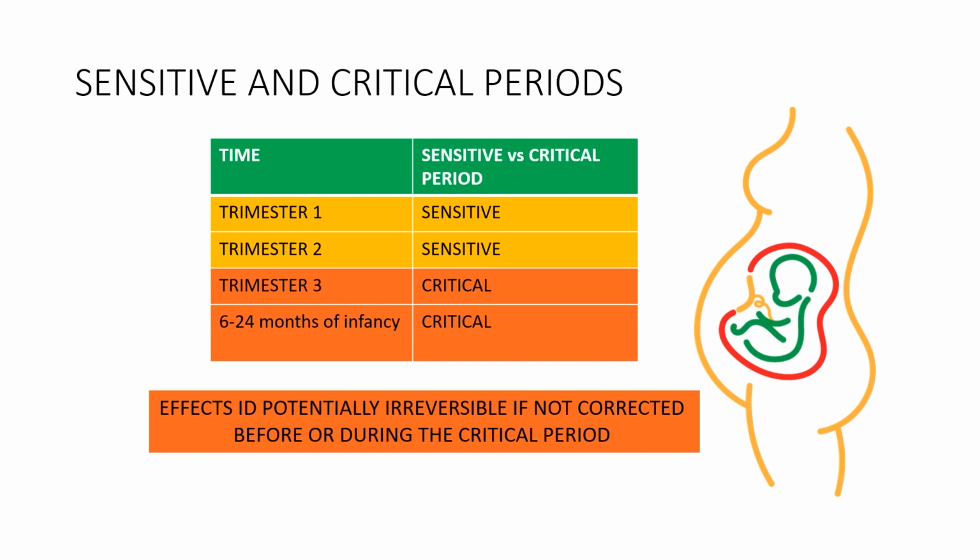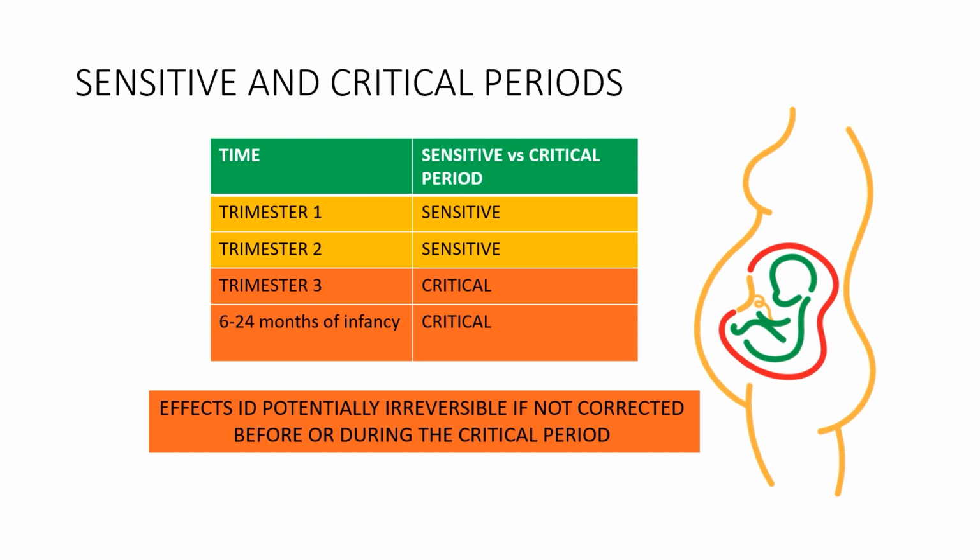But if the mother is iron deficient in the 3rd trimester, you have to replace the iron there and then. You cannot reverse the problems necessarily after birth. So for the sake of the baby, you have to replace it there. There's another critical period between 6 and 24 months of infancy where you have to replace any iron deficiency in that particular period.